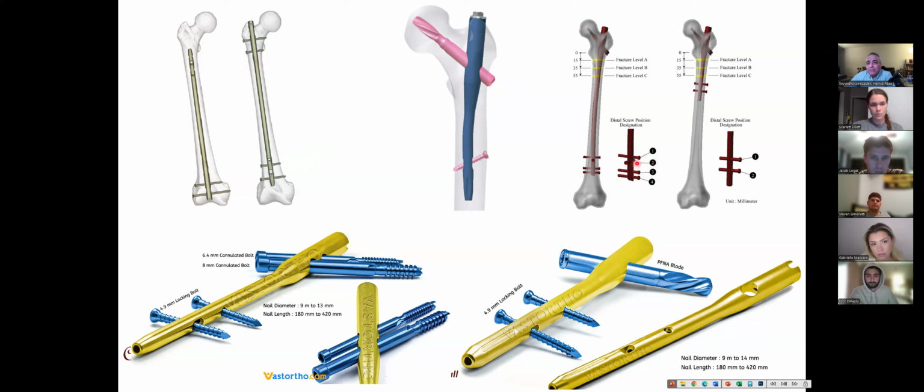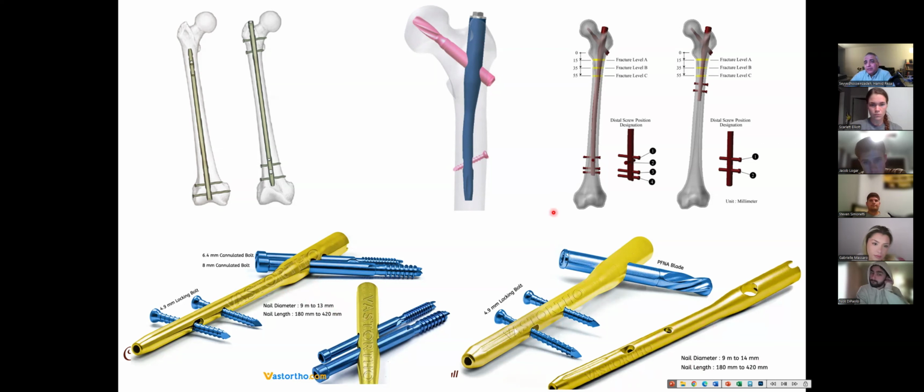The screws can have different shapes. They can be in different directions. And you see in the proximal part, instead of these two parallel locking screws, you can have a nail going into the femoral head, or you can have screws.